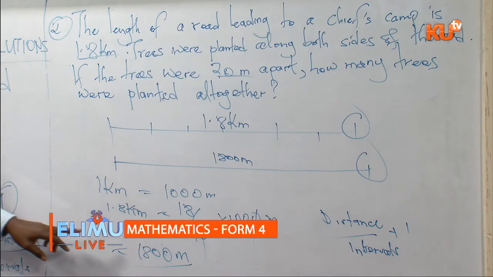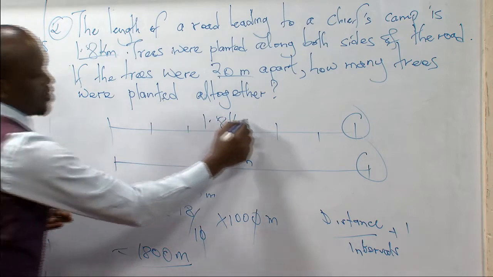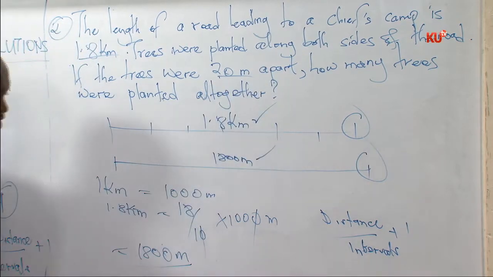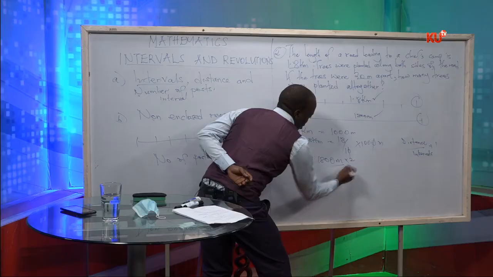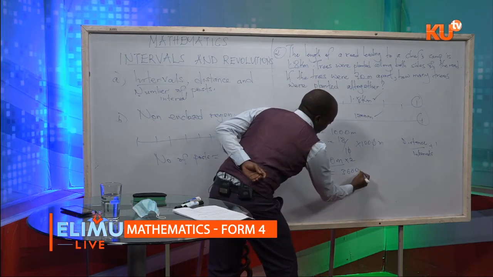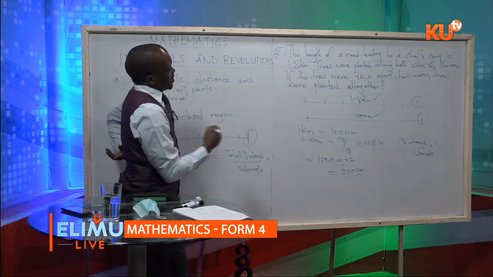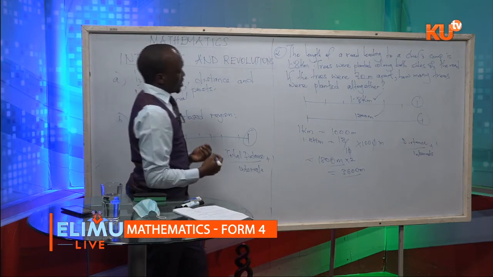So get the total length for both sides. That is 1,800, 1,800. So we multiply this by 2. We shall get 3,600. This is meters. We divide by the intervals. We are told that they are put 20 meters apart.